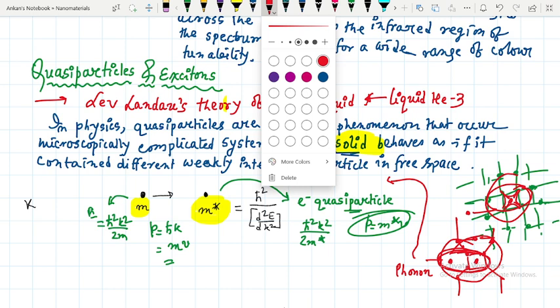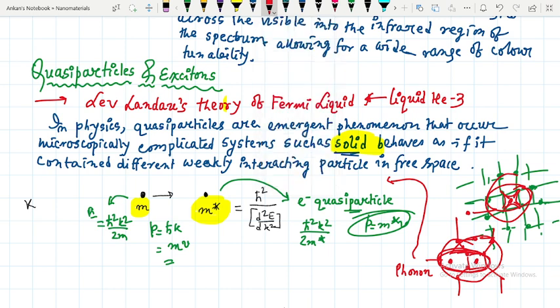When the particles arise from the fermions, they are called quasi-particles.